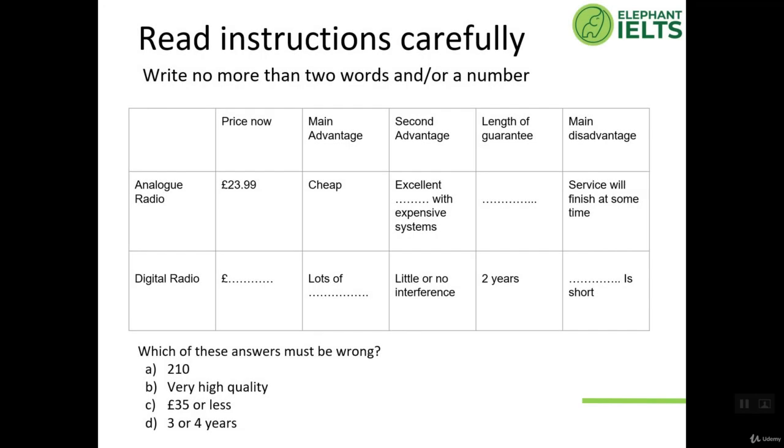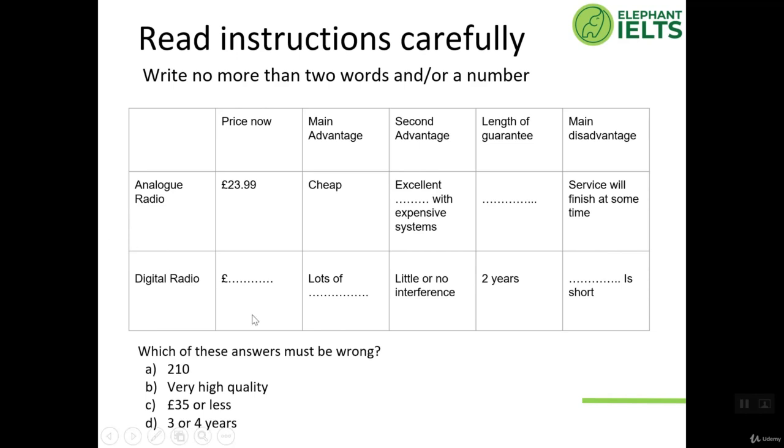So let's look at this in more detail. Look at this table. First I read the instructions. It says I can write no more than 2 words and or a number. Now let's think about the kind of answers we're listening for.